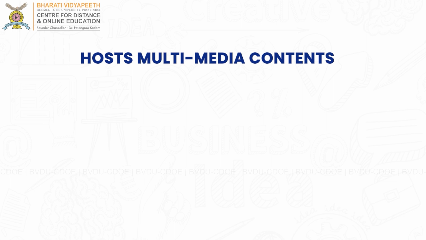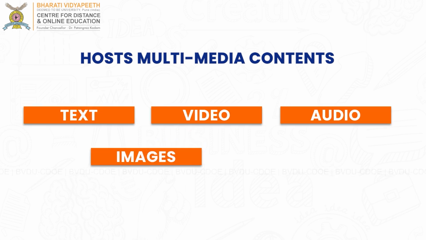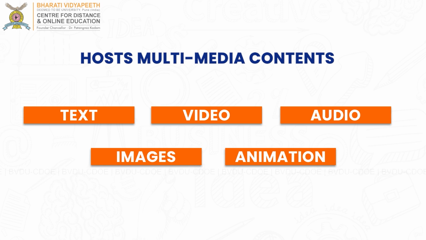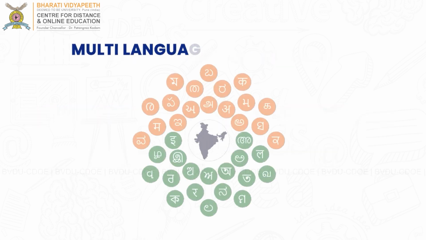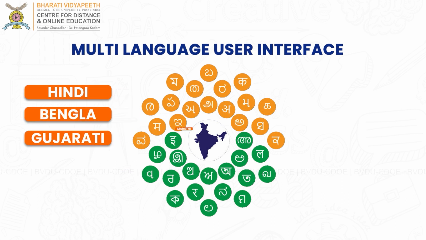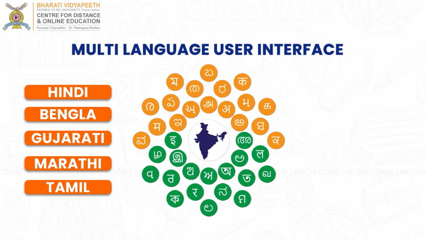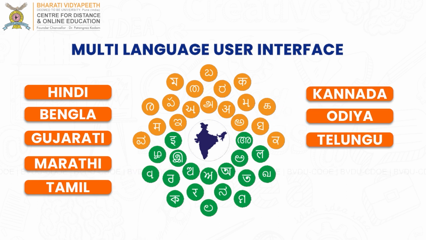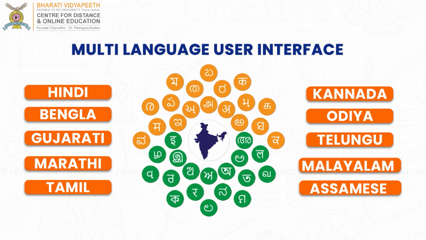It hosts multimedia contents like texts, videos, audios, images, animations, etc. It has multi-language user interface currently available in Hindi, Bangla, Gujarati, Marathi, Tamil, Kannada, Odia, Telugu, Malayalam, and Assamese.